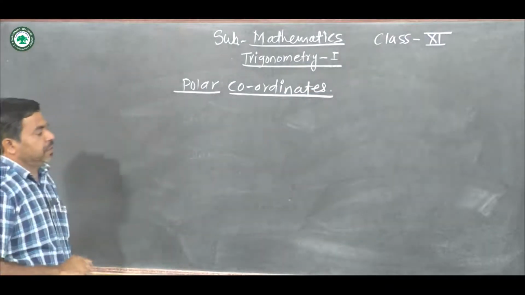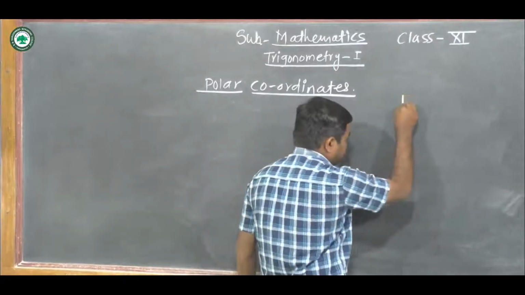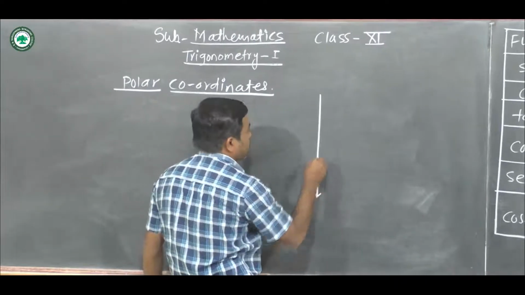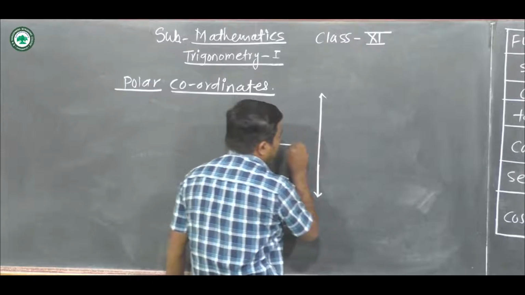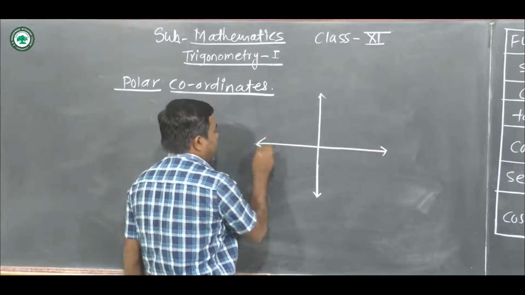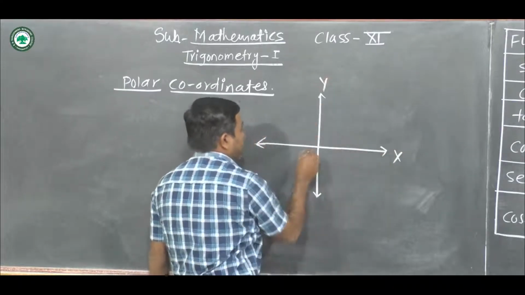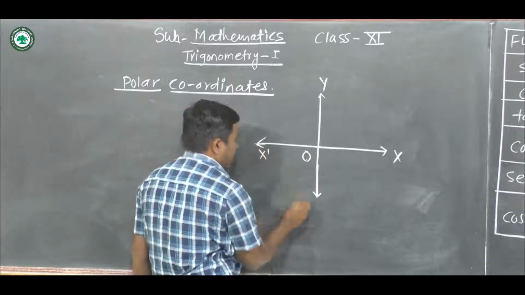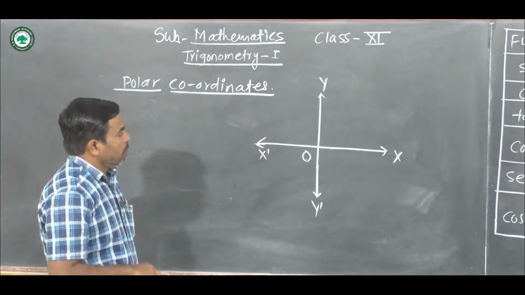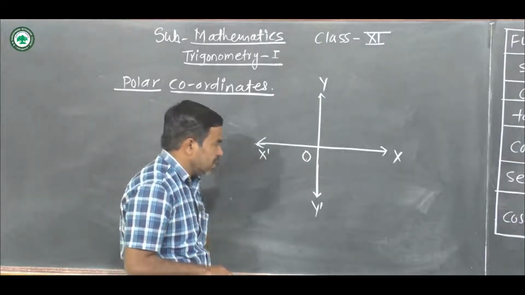Polar coordinates. So consider the Cartesian coordinate system. Point O is the origin. This is the x-axis, y-axis.